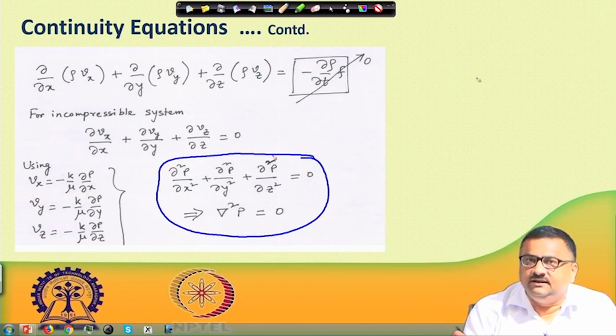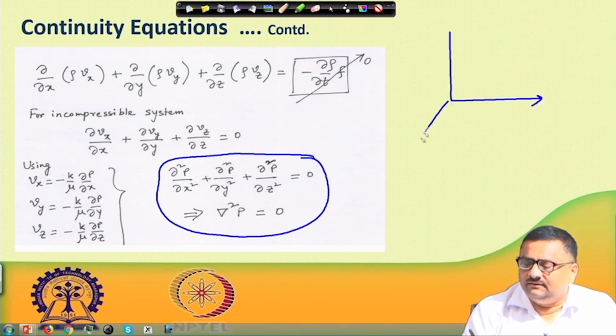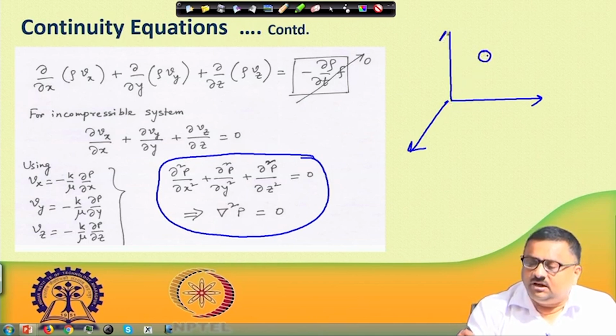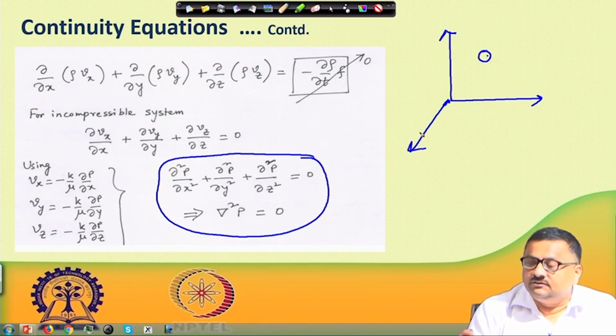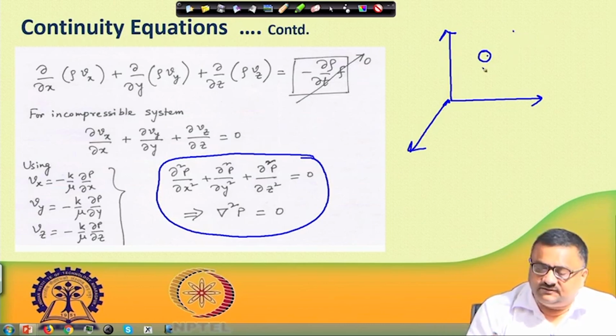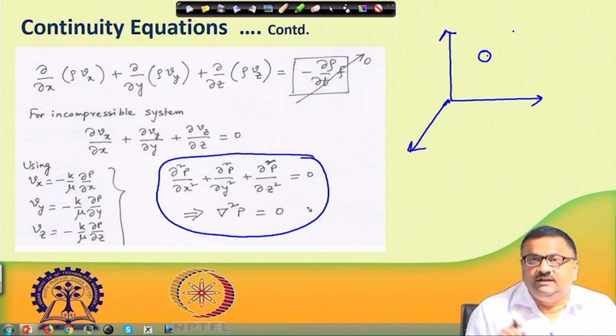I have x, y and z, and I have a point here, and we are trying to find out how the pressure changes in x, y and z. If I have a porous medium and I set my origin and my x, y, z coordinates, then how pressure varies from point to point has to follow a certain rule, and that rule is given here.